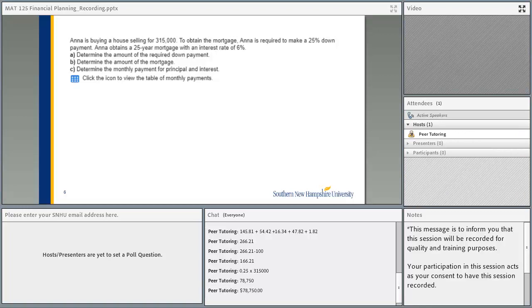So, part B, determine the amount of the mortgage. So, what we're going to do is just subtract the down payment from the amount that the house is selling for.